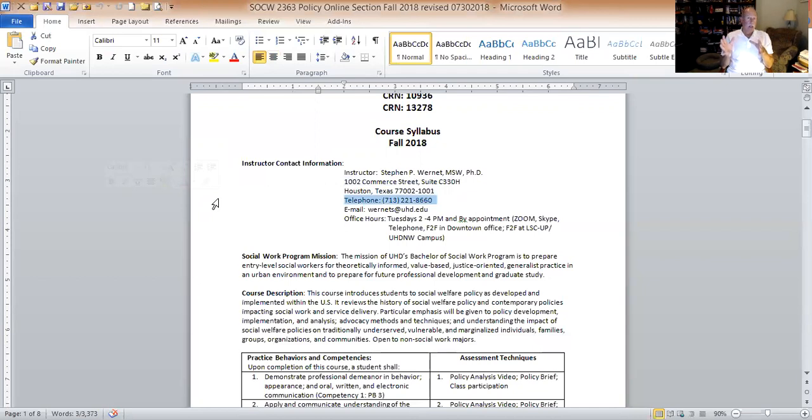If we're not there, it will roll to voicemail, and the voicemail is then forwarded to our electronic mail, so we will usually get those messages within a few minutes of your having called. This is my university email address. You can always reach me there.